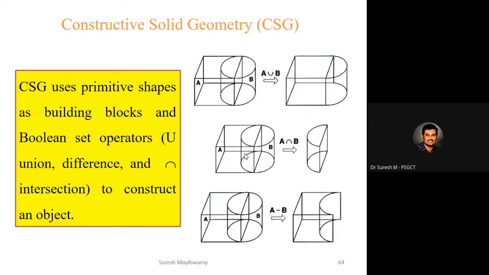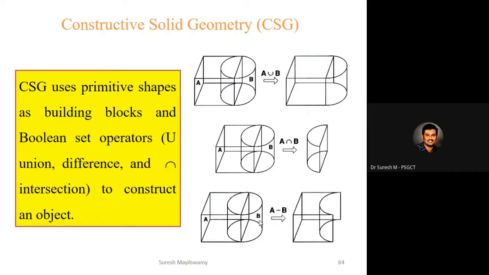So here, the square prism is the first body and the cylinder is the second body. The first body is considered as A and the second body is considered as B. So A union B means both solids will be added. A intersection B means only the common portion remains, other bodies will be eliminated.